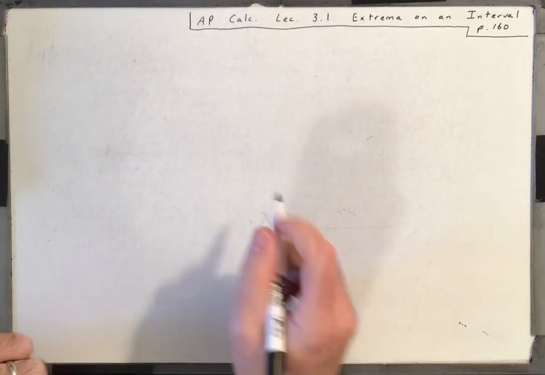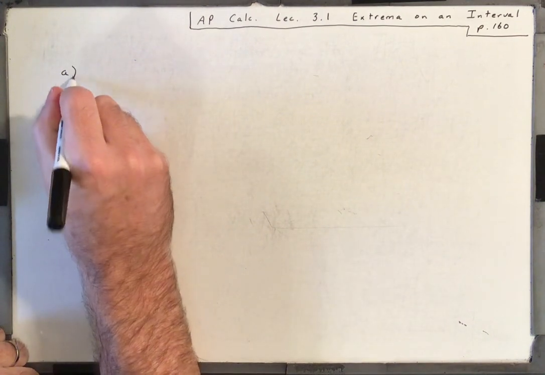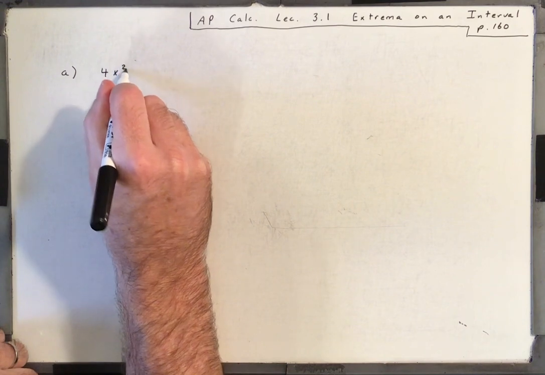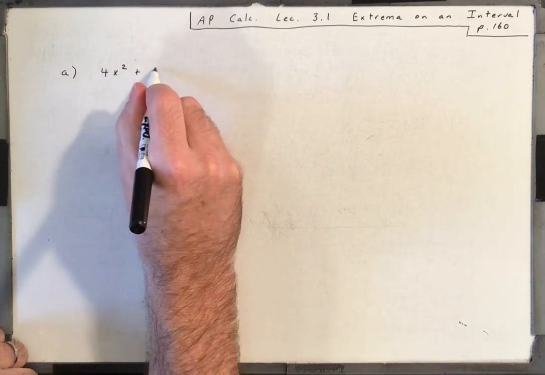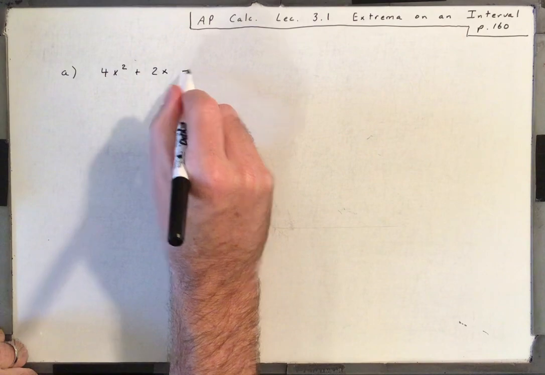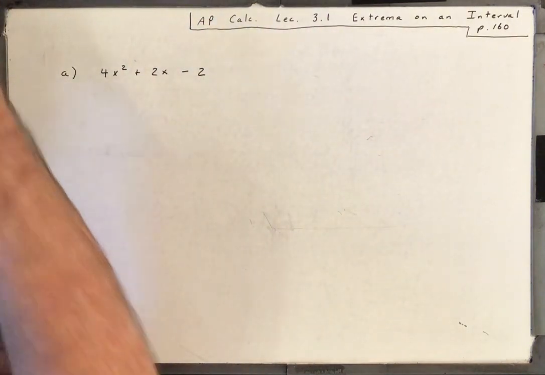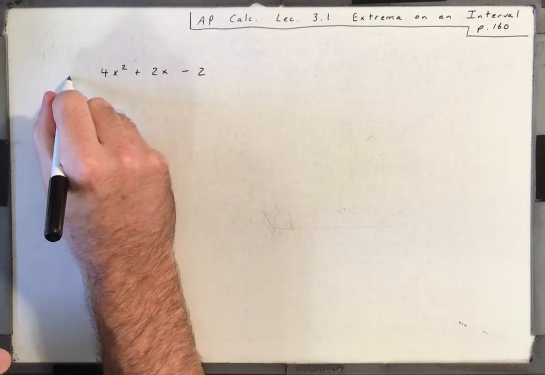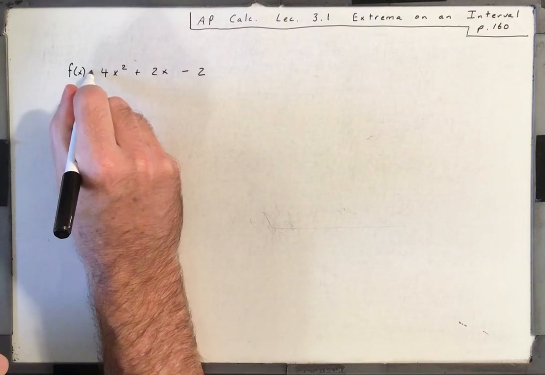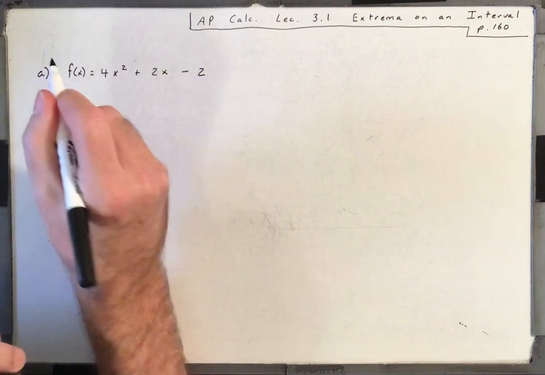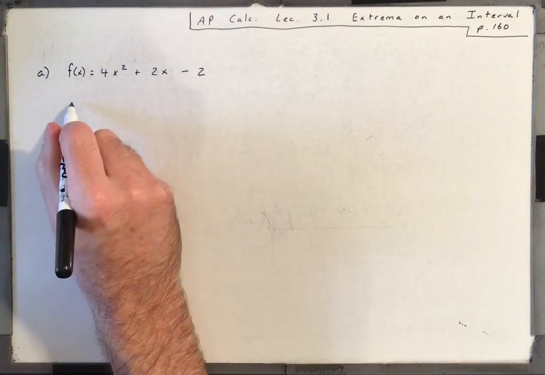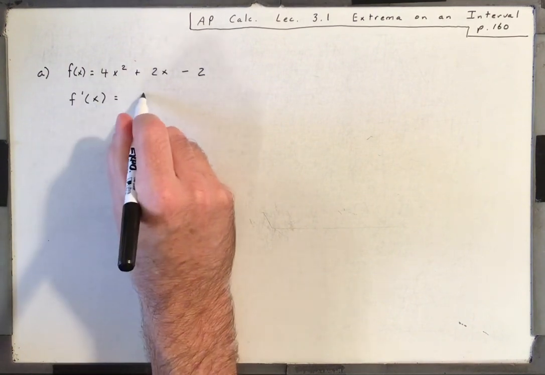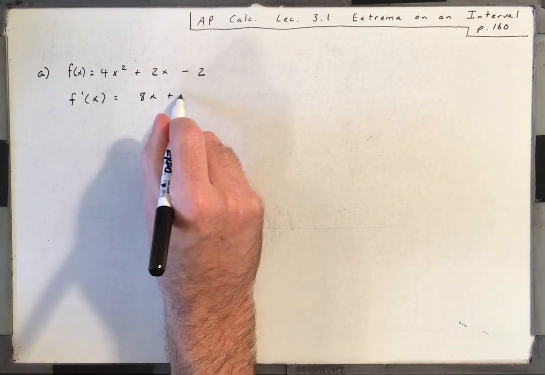So example A, we have f of x is equal to 4x squared plus 2x minus 2. Okay, so f prime of x, take the derivative, would be 8x plus 2.